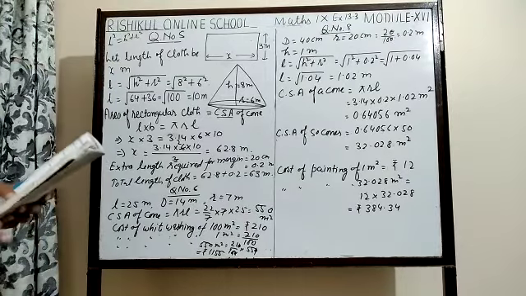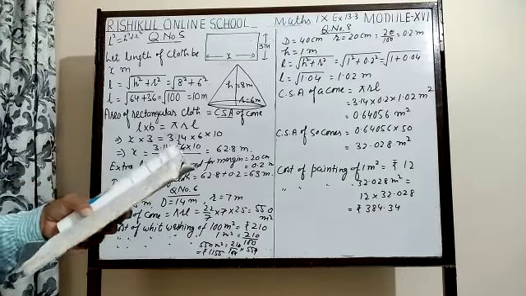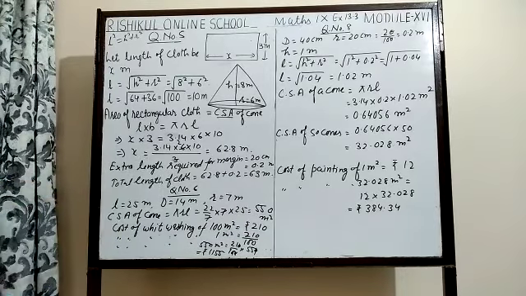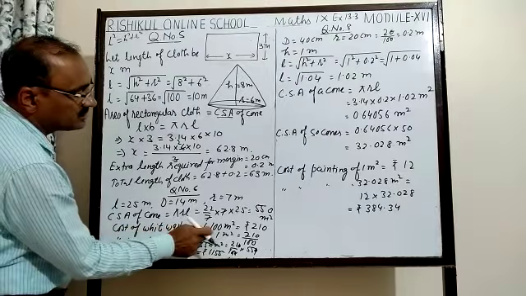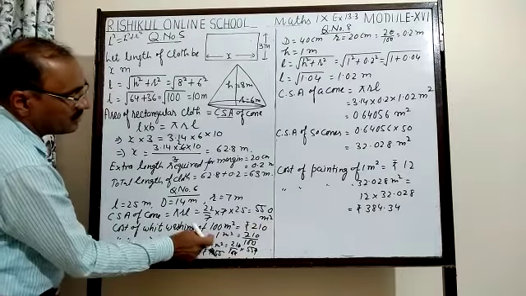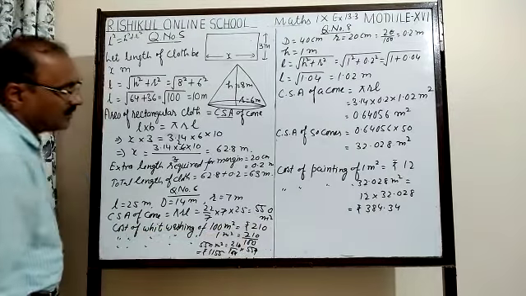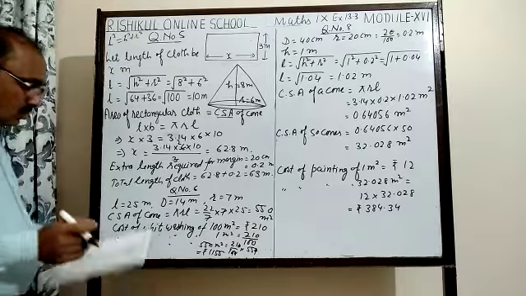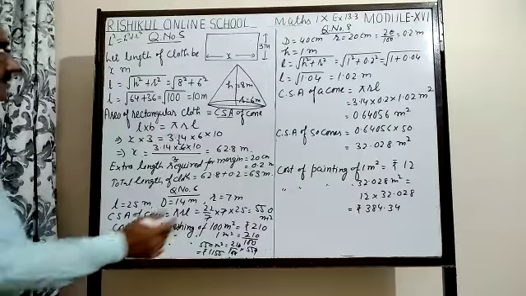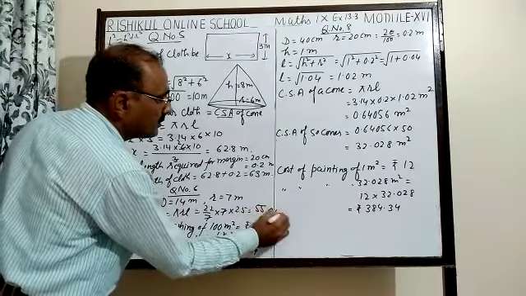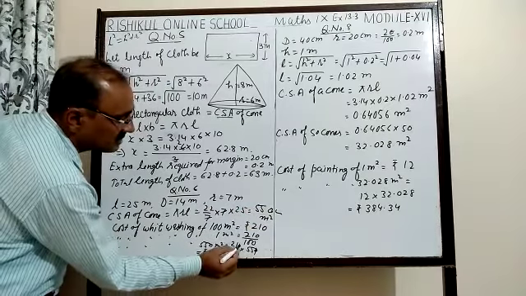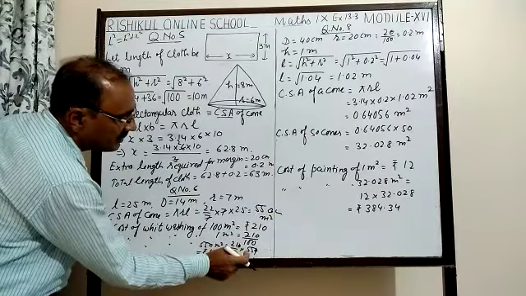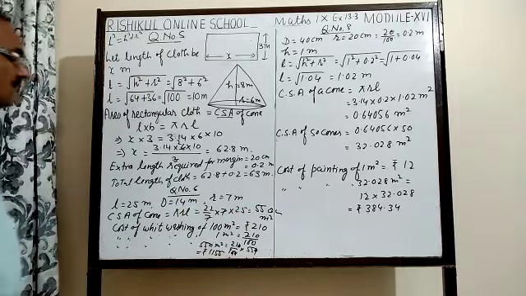The cost of whitewashing of 100 square meter is equal to 210. So 1 meter square is 210 upon 100, and the cost of whitewashing this one, 550 meter square, multiply by 550, zero cancels by zero, zero cancels by zero, and 21 into 55 equals 1155 rupees.